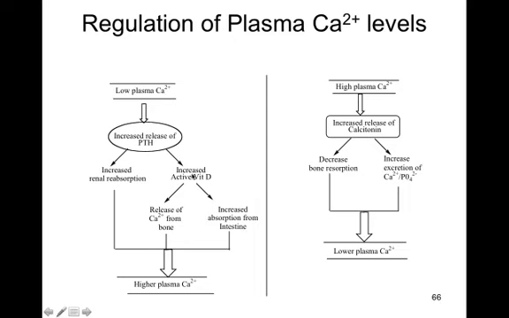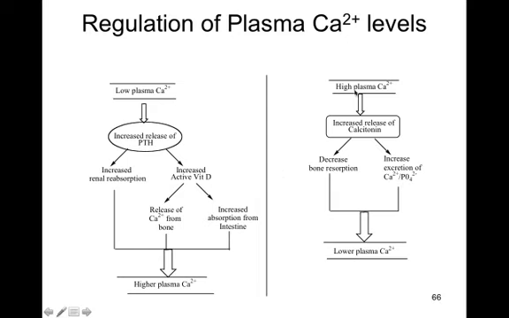So by increasing the amounts of activated vitamin D, your PTH indirectly helps your intestine absorb more calcium. So there's more increased absorption of calcium, and the release of calcium from the bone in turn leads to higher plasma levels of calcium.